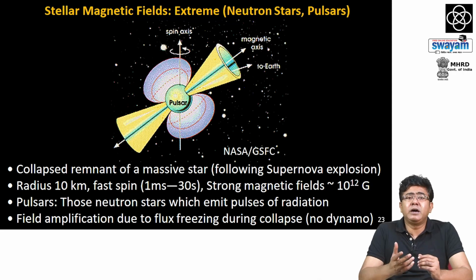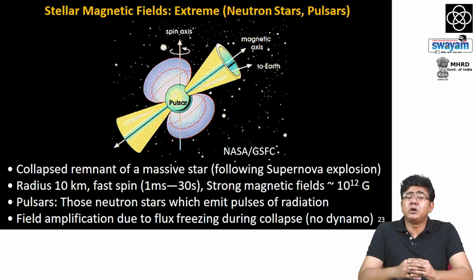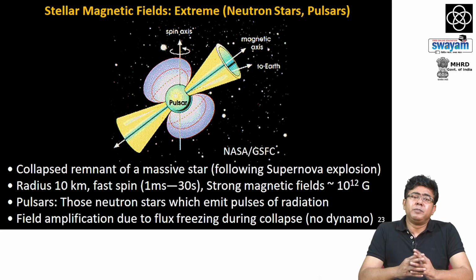They spin very fast, on the order of milliseconds, and they have extremely strong magnetic fields on the order of 10^12 Gauss. There is also a new discovery called magnetars, which have even stronger magnetic fields, 10^15 Gauss. And pulsars are those neutron stars which are seen to emit periodic pulses, and this has fascinated astrophysicists for a long time as well.